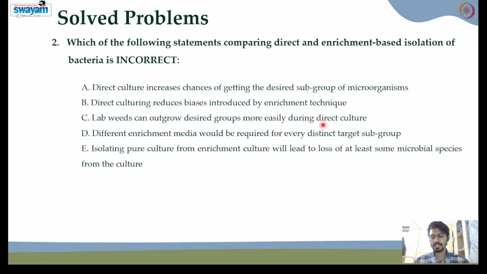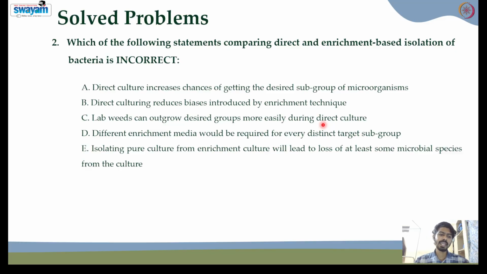You can post your answers in the chat box. Option A, direct culture increases the chance of getting the desired subgroup of microorganism. Option B, direct culturing reduces the bias introduced by the enrichment technique.